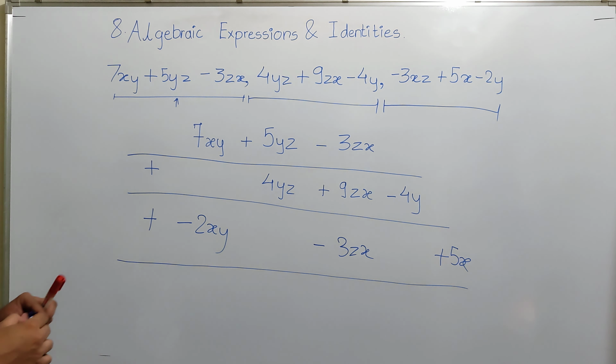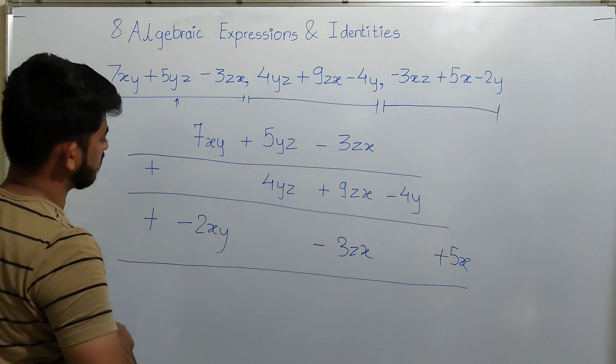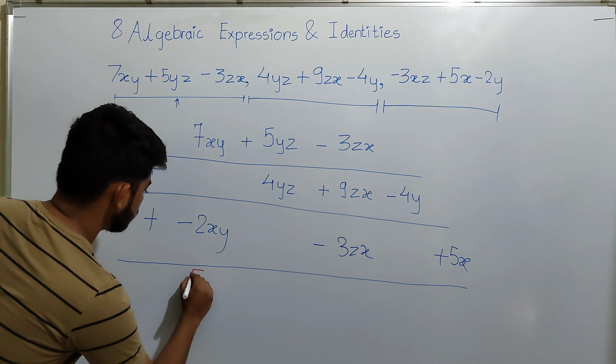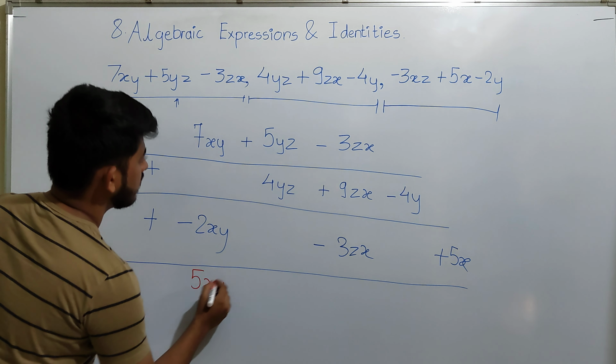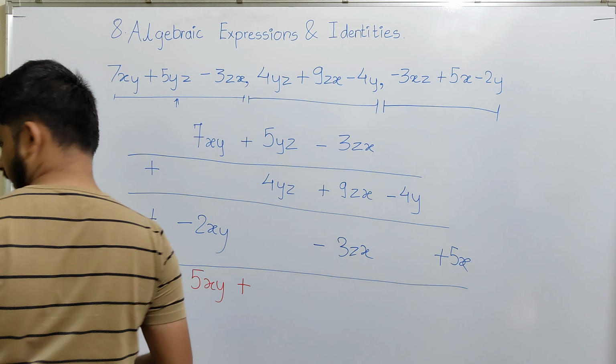Okay, so we have to add this. We have to add 7 minus 2. 7 minus 2 is 5xy. Now 9yz.